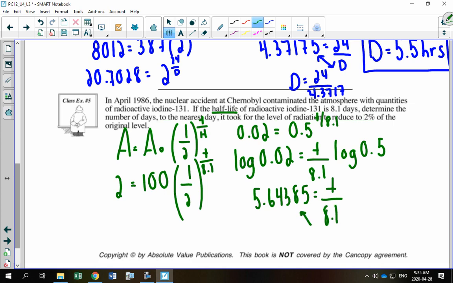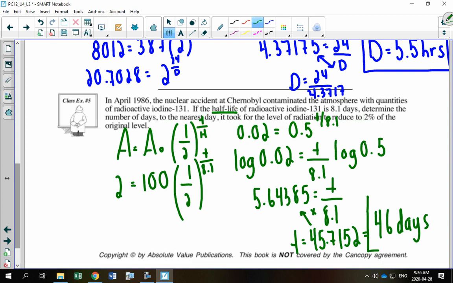This time I'm just going to multiply the 8.1 up. So taking that decimal in your calculator times 8.1, you should get 45.7152. They said how long to the nearest day, so this would take 46 days. Same units as the half-life that they gave us originally in the question.